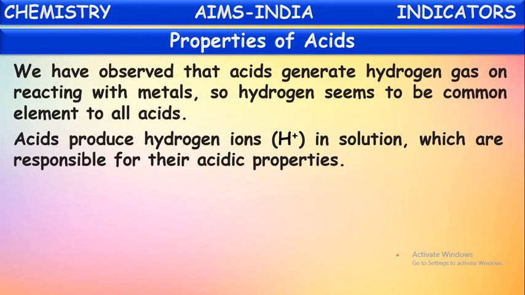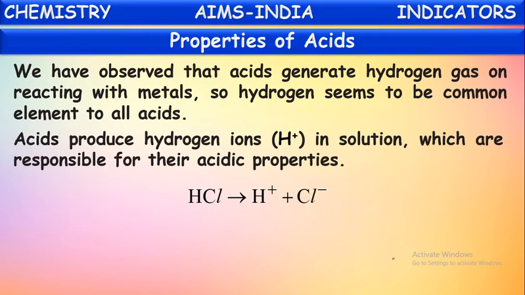When you dissolve it into water, this hydrochloric acid releases H plus ions, which are responsible for the acidic nature of hydrochloric acid. So hydrogen ions are responsible for the acidic nature of acids.